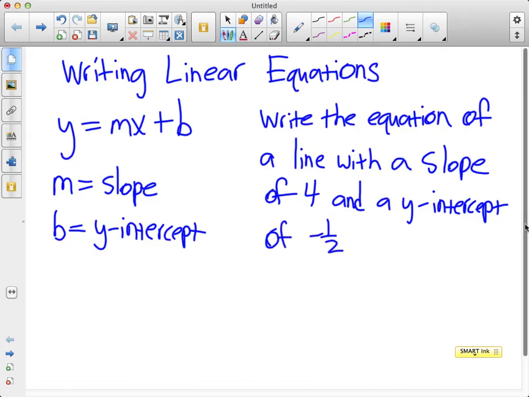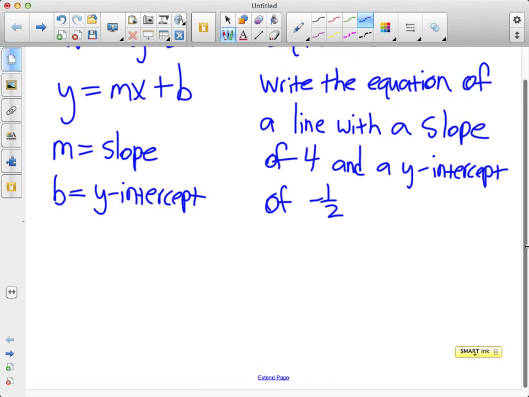This would be the most basic level of this kind of problem. Obviously, if the slope is 4, then we're going to have y equals 4x, and then plus the y-intercept, which is -1/2, so we can just write -1/2.